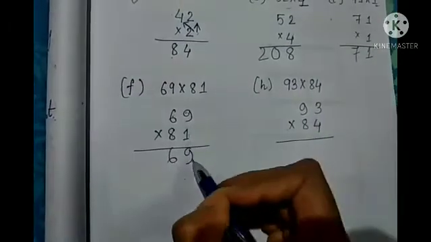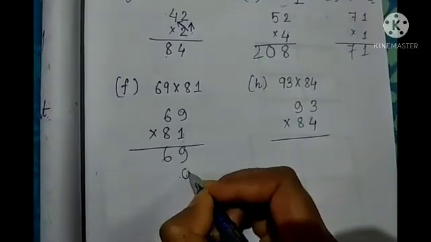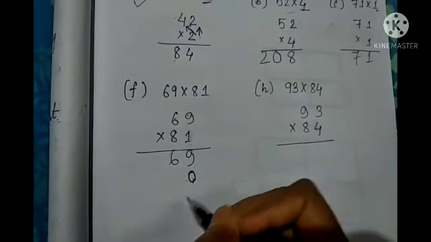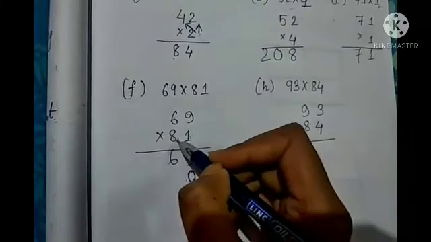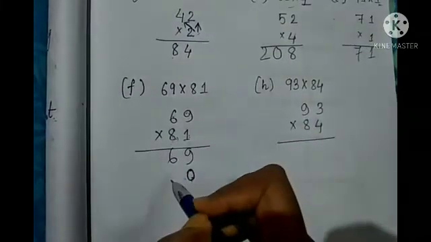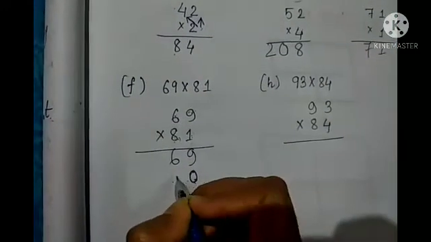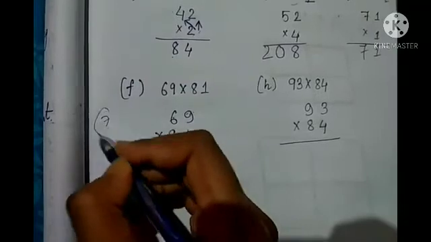Now your ones place is done, so in the next step we will not write anything in the ones place, so that's why I'm writing 0 here. You can put a cross also, no problem. Now as we are doing from tens place, we'll start writing from tens place. So 8 nines are 72, so 2 we will write and 7 will be carried, so you have to remember 7 is the carry.